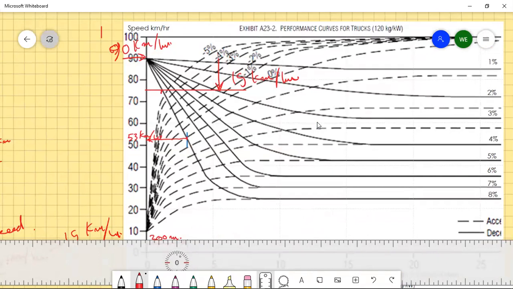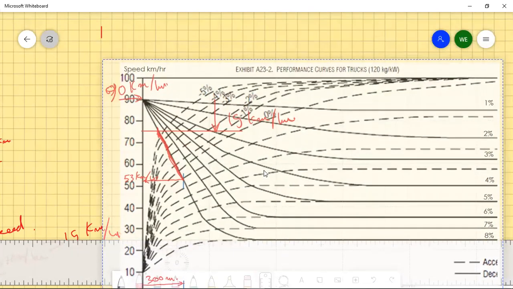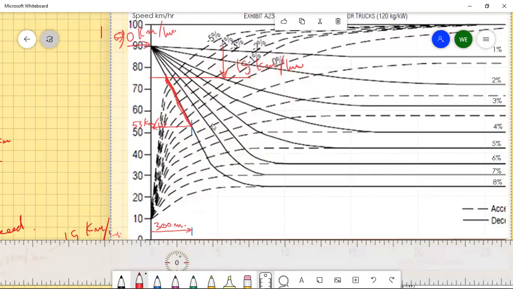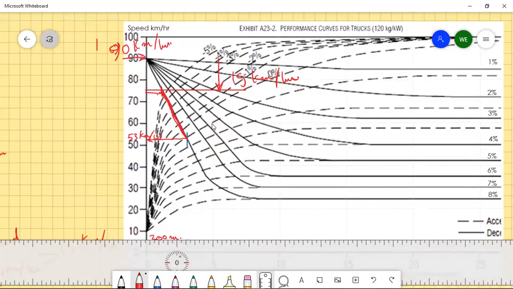At this point, this segment must have a climbing lane. So it starts here. Just ballparking here, this distance approximately, you can also use the scale, but I'm just going to say this is almost 100 meters.